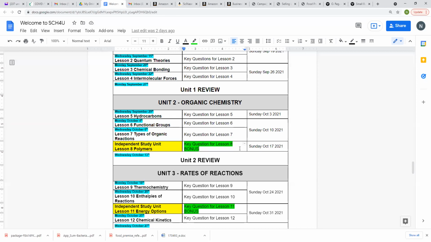It's not for marks, it's just for my benefit and also your benefit, for me to understand how much you guys know, what knowledge might be lacking, what gaps I need to fill in. So next Wednesday during our unit review, if you could have in front of you your completed sheet of the periodic table diagnostic.